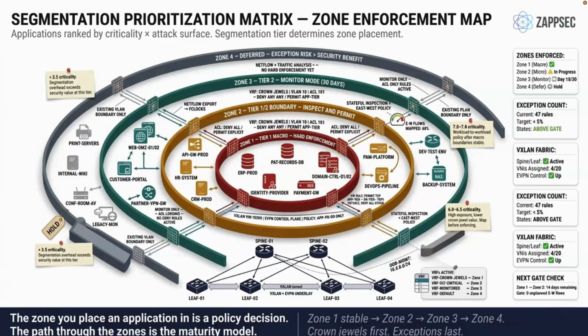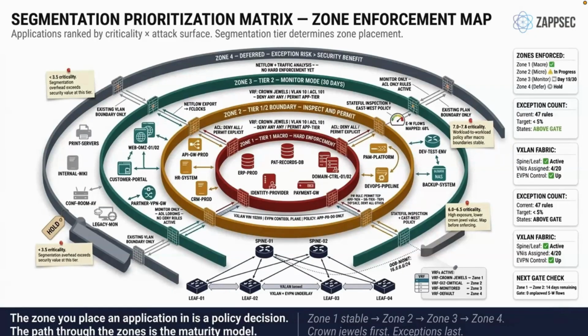And you can see there is web DMZ 1 and 2, and customer portal. Partner VPN gateways are placed here, and the backup system sits here, at a criticality of 6 to 6.5, I would say. We are mapping traffic behavior before enforcing anything, and no deny rules go in until the east-west baseline is complete.